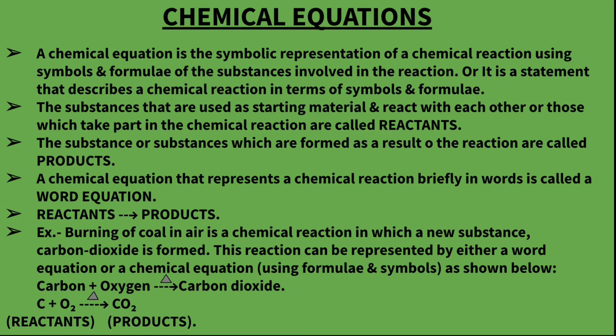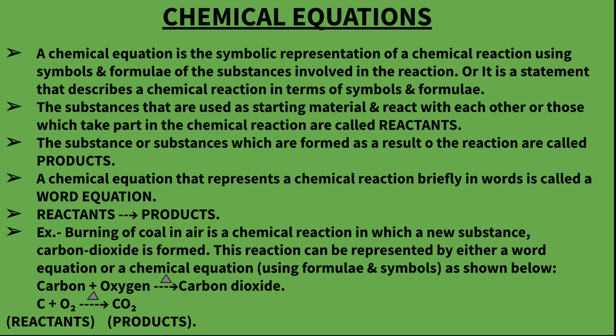That will be the word equation. On the left hand side, the substances taking part in the reaction are known as reactants, and the substances on the right hand side, produced after the reaction, are known as products.